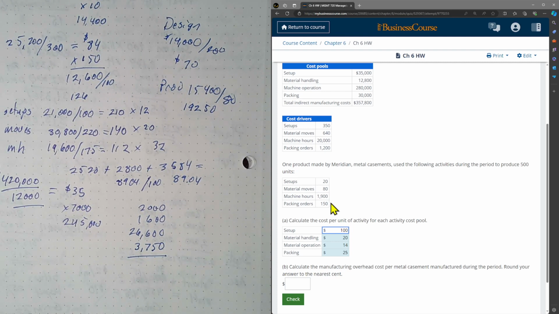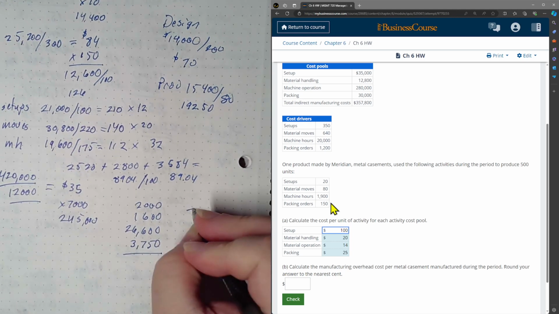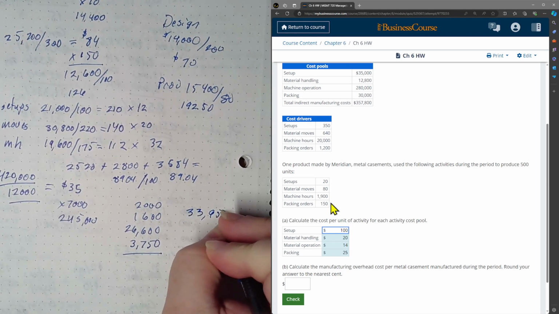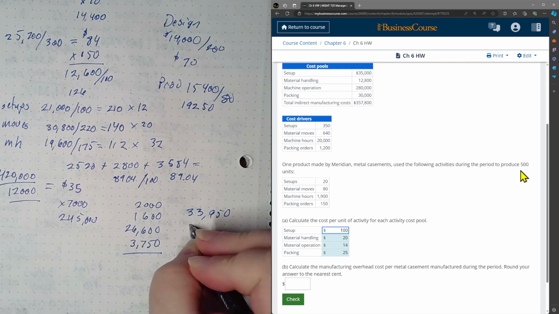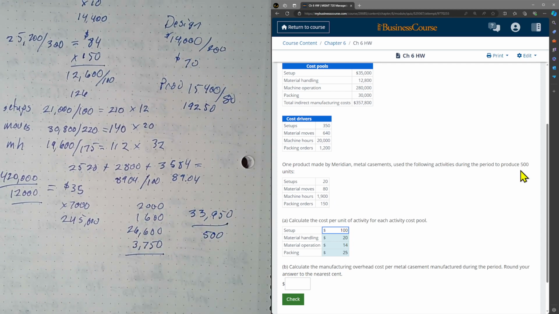Plus, add those together. Equals 33,950. And there are 500 units, so we divide this by 500.